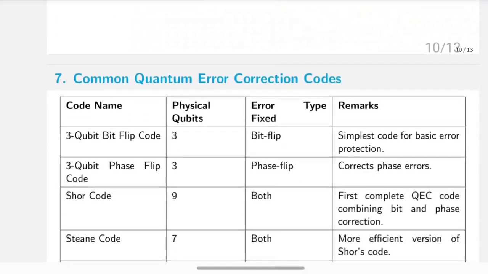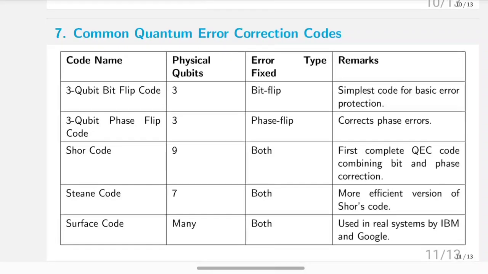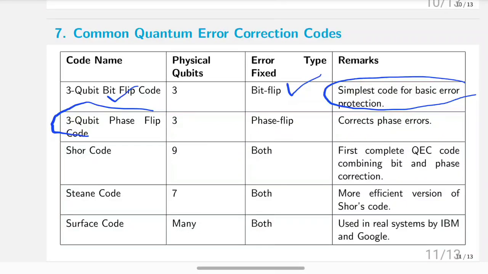So these are some quantum error correction codes. The 3-qubit bit flip code handles only bit flip errors, the simplest code for protection. The 3-qubit phase flip code corrects only phase errors, which is somewhat tougher than bit flip errors.